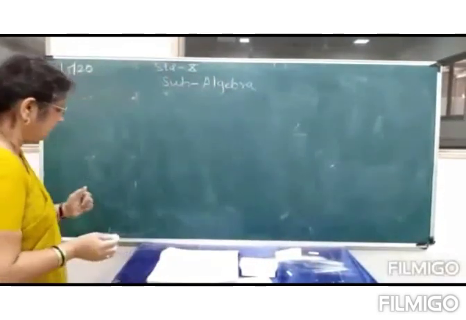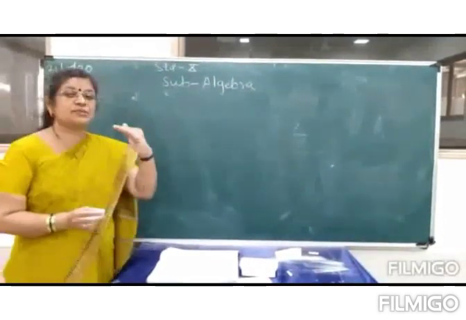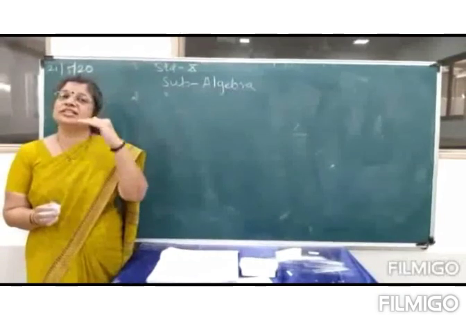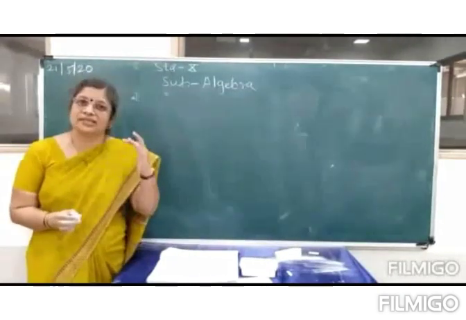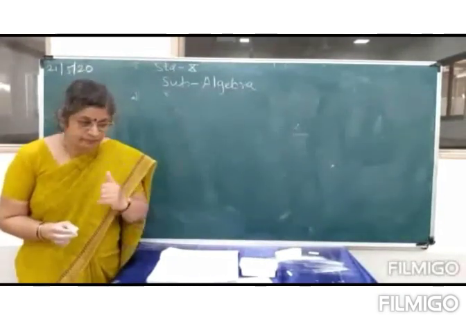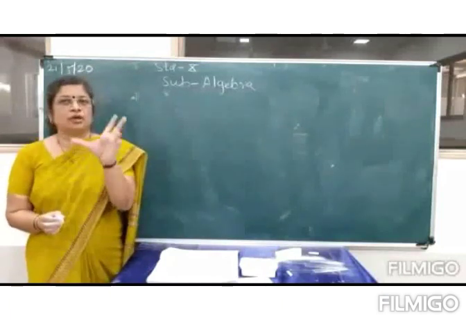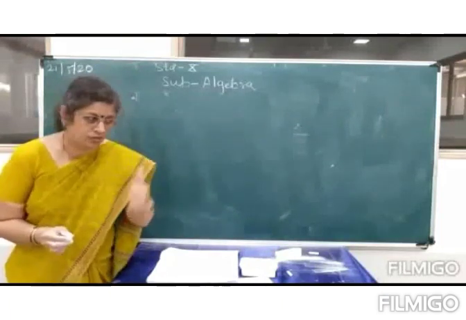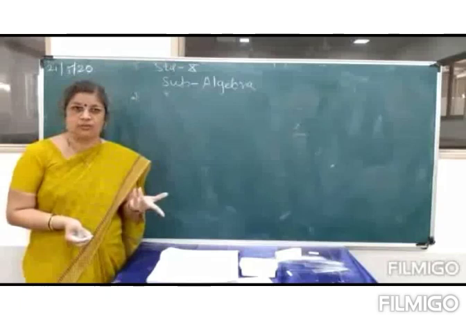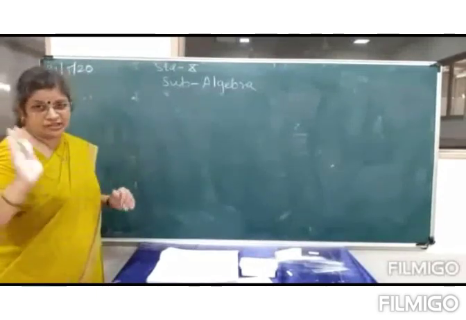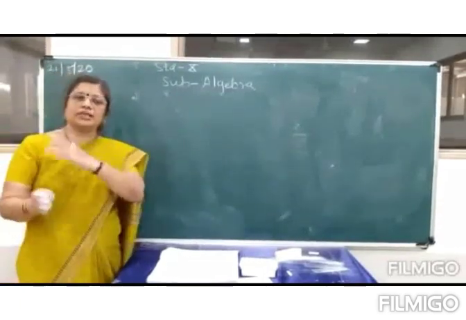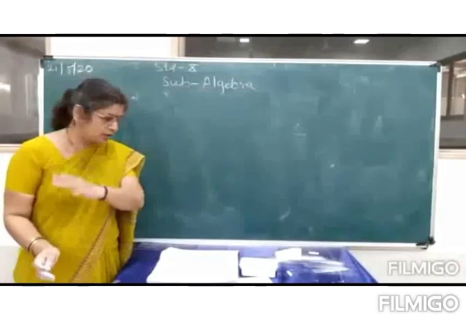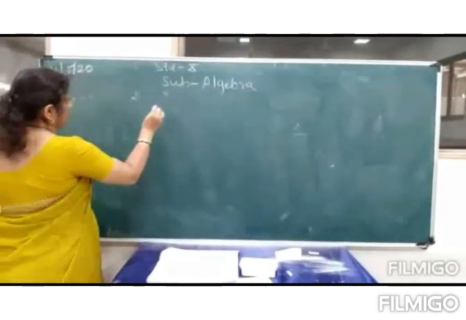But first I am going to explain only how to justify whether the given sequence is an AP. That question can come in the question paper as a 2 mark question or sometimes 1 mark. How to justify whether the given sequence is an AP or not, that we will see.